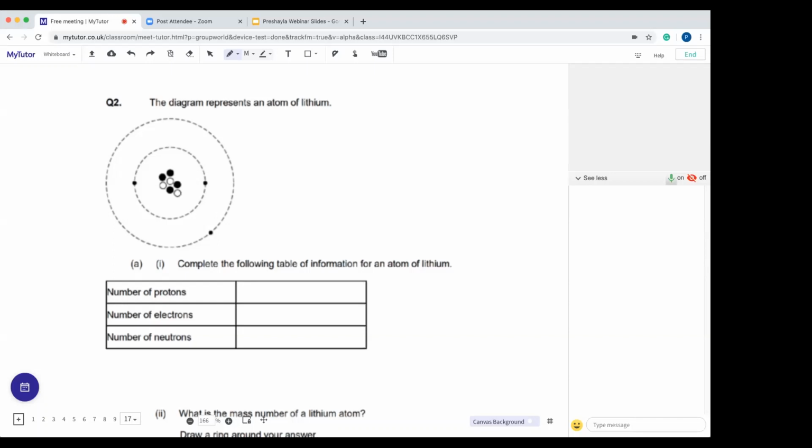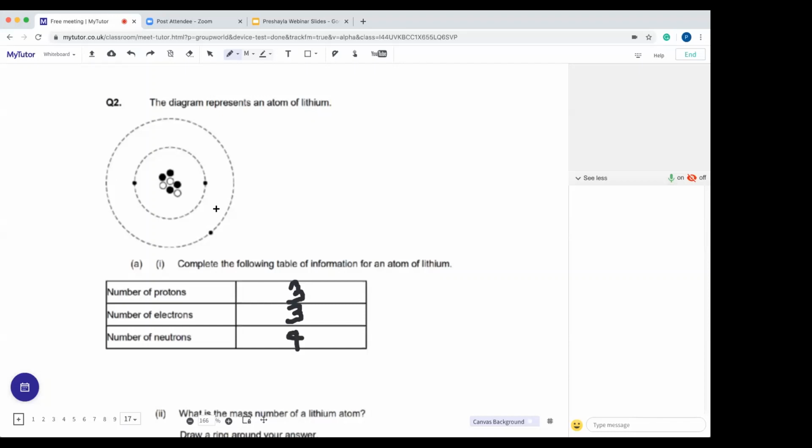So remember, Bohr said that electrons orbit the nucleus in shells. So we know that these must be our electrons. So we know that there are 3 electrons, 3 protons, and 4 neutrons.